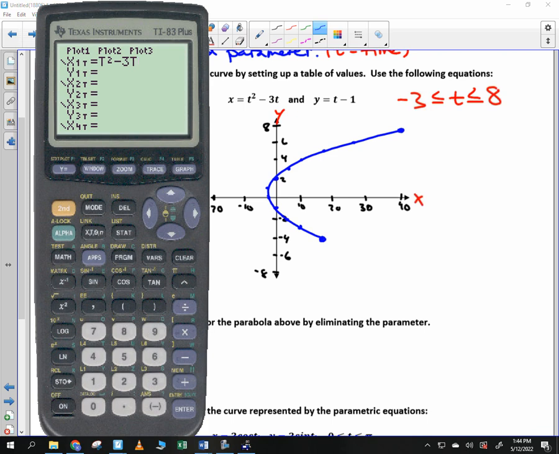If you're in parametric mode, it will put t. If you're in polar mode, it will put theta. If you're in sequential mode, it will put n. If you're in rectangular function mode, it will put x. So go up onto plot and press enter, and that will turn it on, or go up and press enter, and it will turn it off.